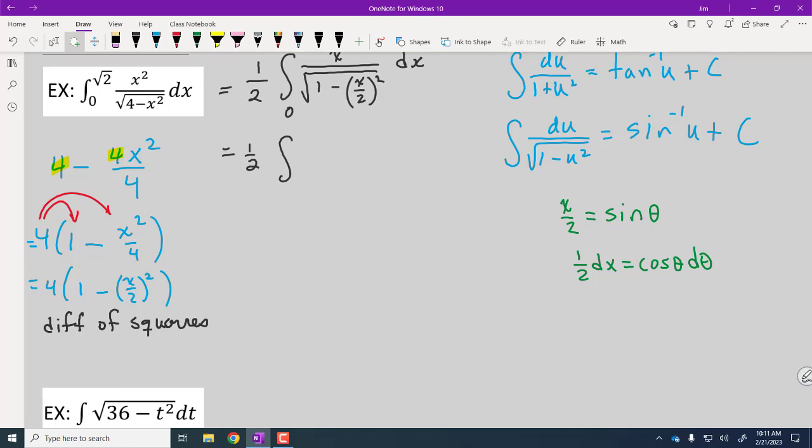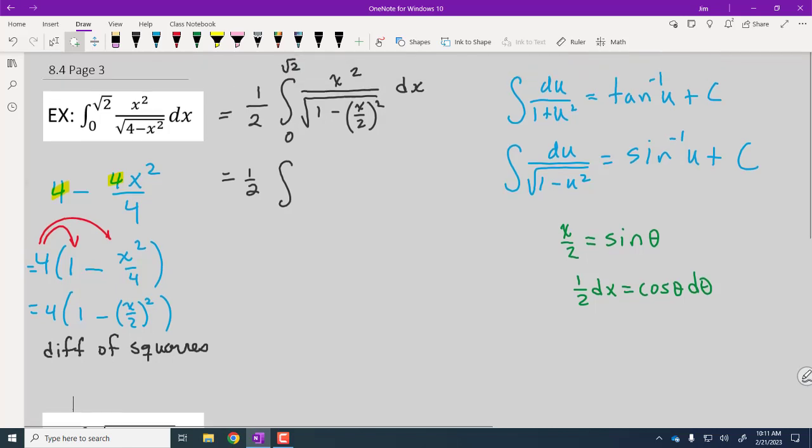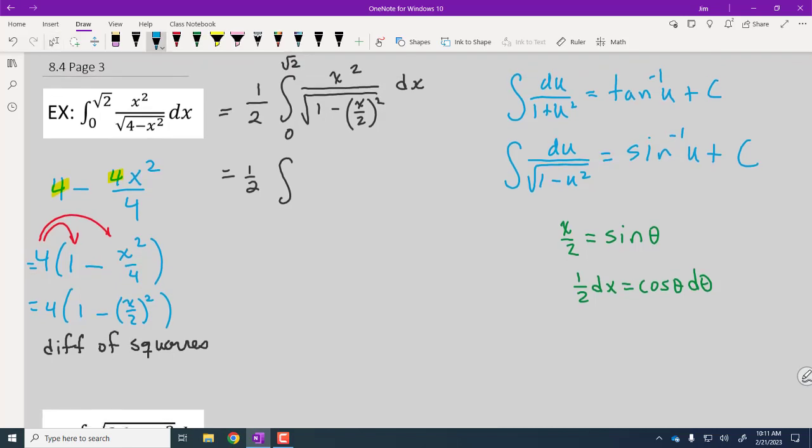So somehow you have to indicate that we can't use the 0 and the root 2 anymore. I'll usually just put little stars here to say we're going to convert back to the 0 and the root 2 in the end. When we do our conversion over to theta, we're just not going to bother finding those limits. We're just going to put some placeholders there until we convert back to the original variable x.